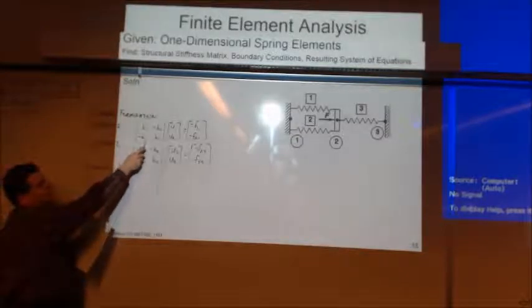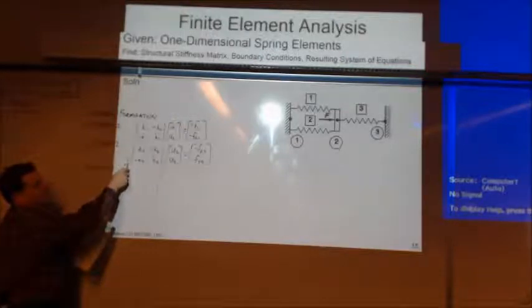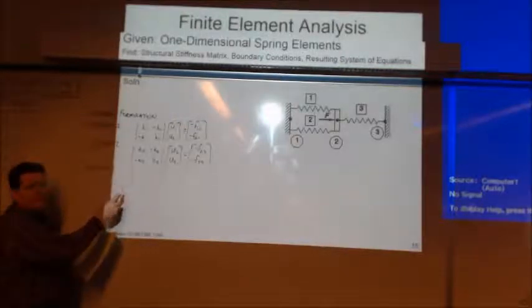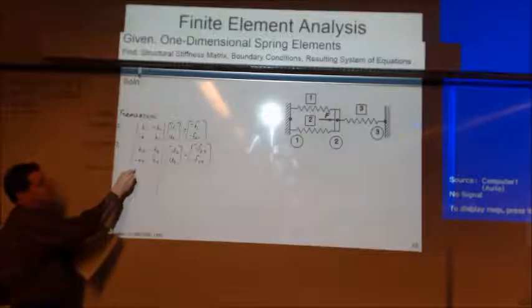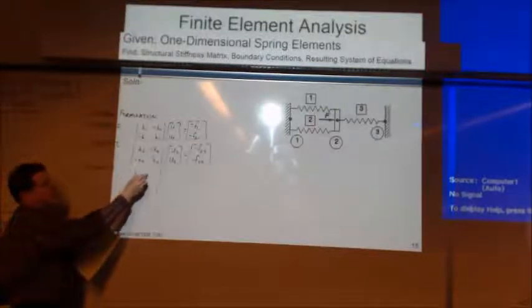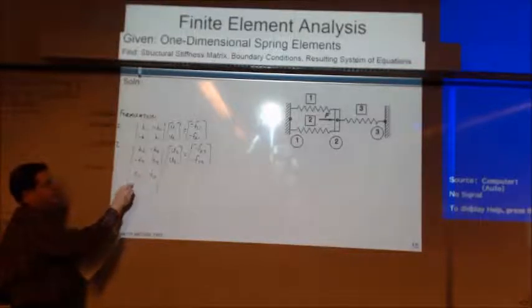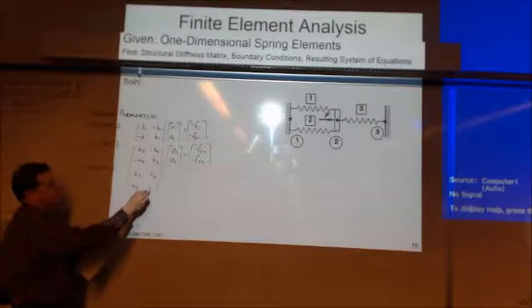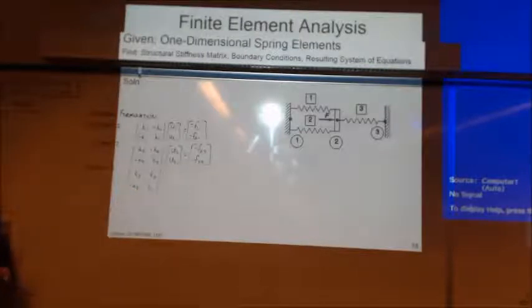Well, what did we do here? So this is element 1, this is element 2. So this is going to be what? K3 and 3, right? So this is K, this is just the stiffness matrix, right?